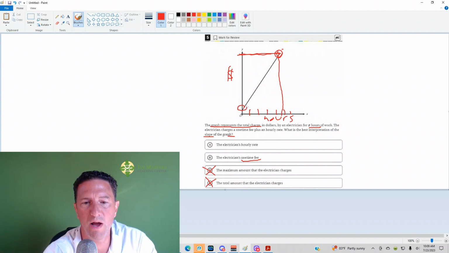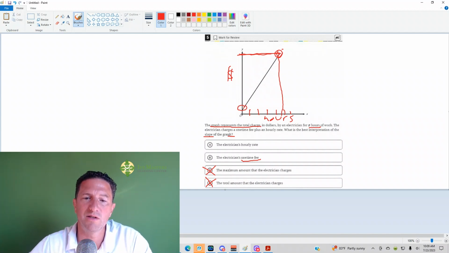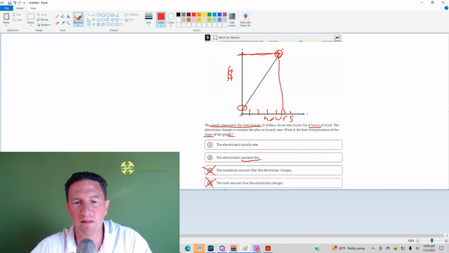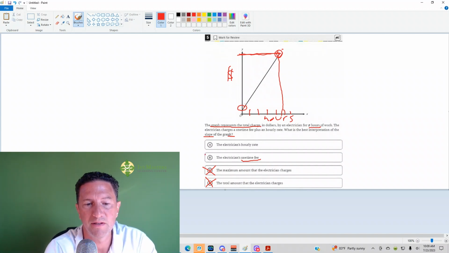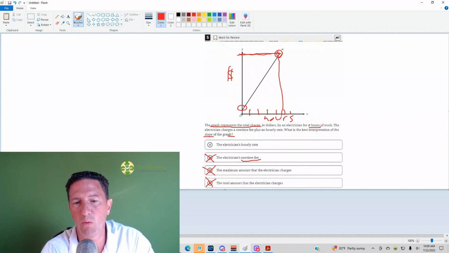And that's going to be your y-intercept right there. So what does that mean? It means, hey, let's say he didn't work. You canceled on him last minute, or he showed up at your house and you just weren't there. Well, he's going to charge your credit card for that fee. So that's going to be the y-intercept, not the slope.